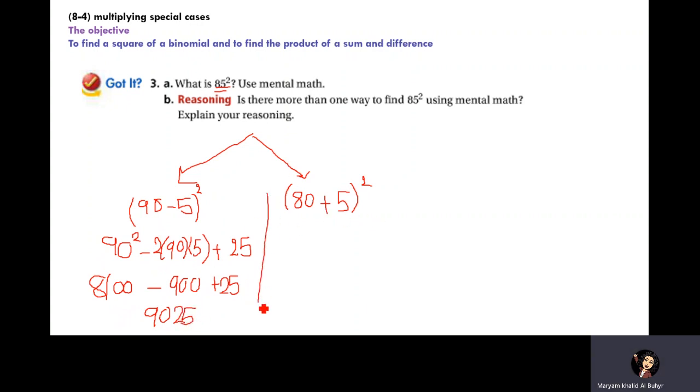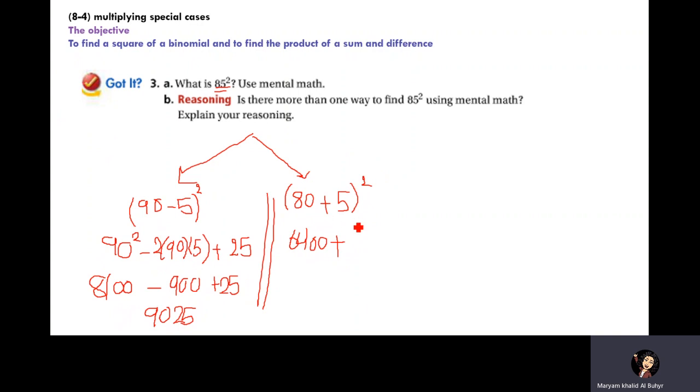While this one, we will get exactly the same result. Look at this. So 80 to the power 2, I will directly do it. That will be 6400. 2 times 5 times 80 plus 2 times the first term and the second term.